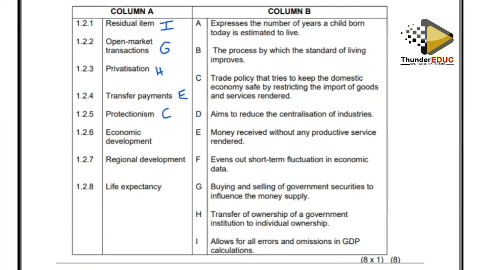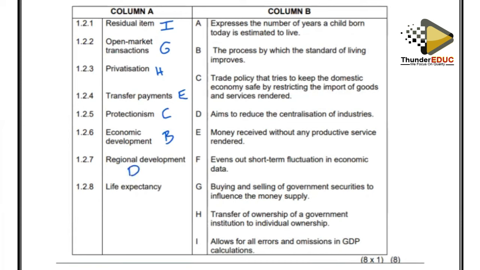So 1.2.6, our appropriate answer is going to be B, the process by which the standard of living improves. Now let's move on to 1.2.7, which is regional development. Regional development aims to reduce the centralization of industries. So our appropriate answer in this regard is D.